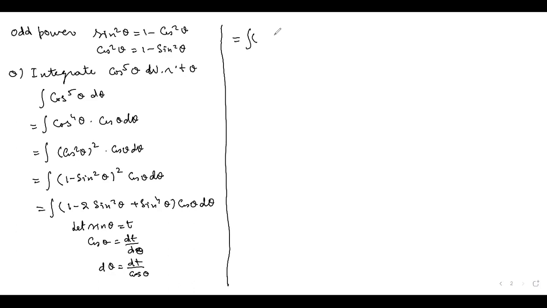The integral is equal to 1 minus 2t square plus t power 4 times cos theta dt over cos theta. We are left with 1 minus 2t square plus t power 4 dt.